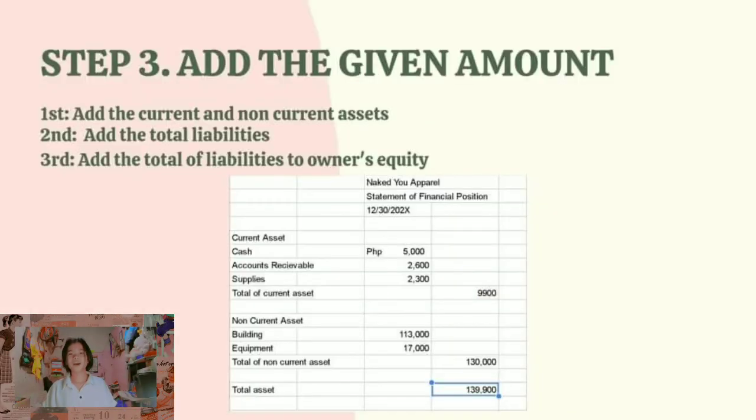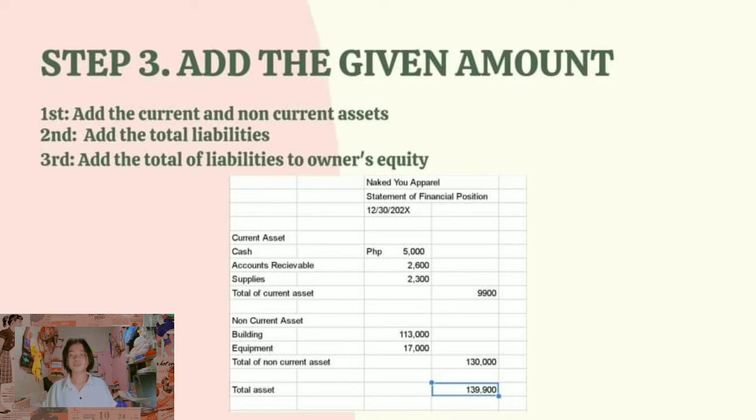Step 3. After we identify the account titles, let's proceed in adding the amount that comes with the account titles. First is the total asset muna, where we add all of the current assets, which is yung cash na 5,000, account receivable na 2,600, and yung supplies na 2,300, and the total of current assets na 9,900.